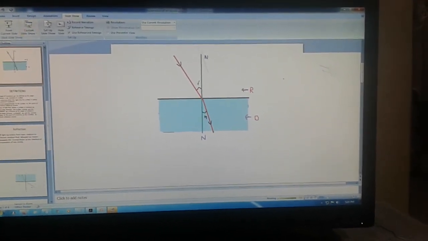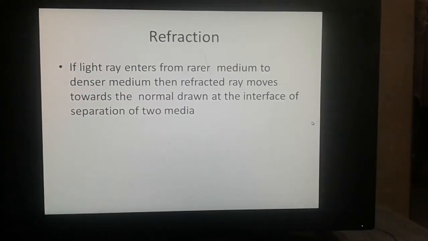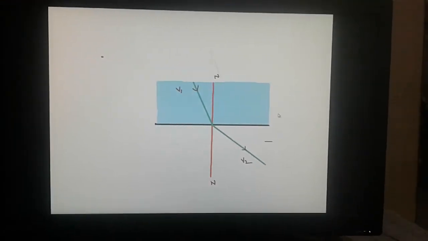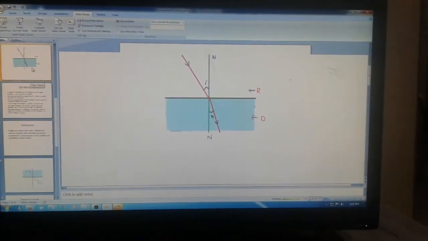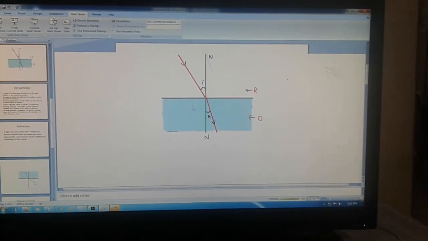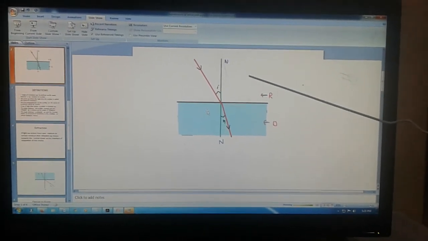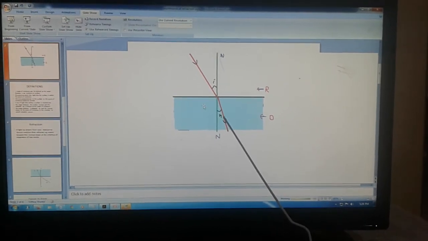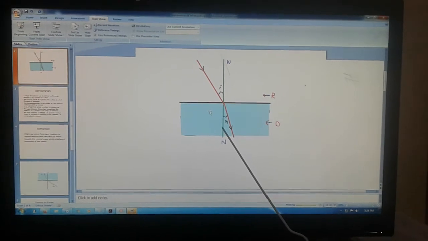And an important thing in this, next, is one condition in refraction. I will show you. When the incident ray is traveling from a rarer medium to a denser medium, the refracted ray moves towards the normal, meaning it bends towards the normal.